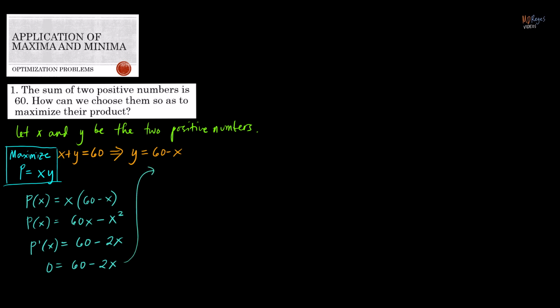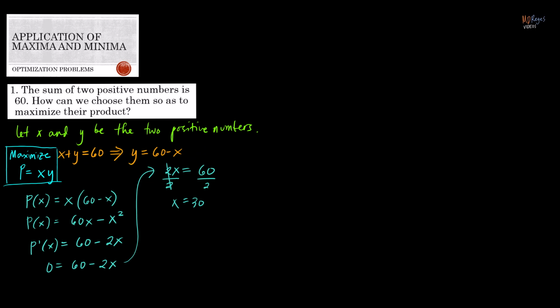Okay. So transposing 2x to the other side, we'll have the equation 2x equals 60. Now isolating x on the left side, we just simply divide both sides of the equation by 2, and we'll get x equals 30.